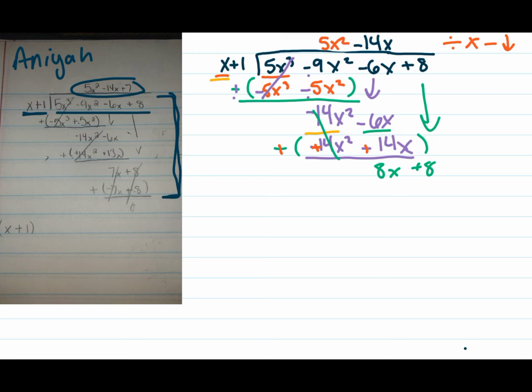So now we're doing 8x into x, which gives me 8. Alright, 8 times x, 8x, 8 times 1, 8, and now we're going to subtract. So when we do that, this changes, and our remainder is 0. So remember, that means that x plus 1 was a linear factor.